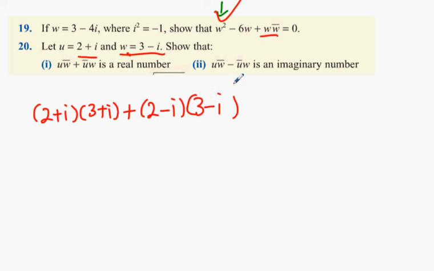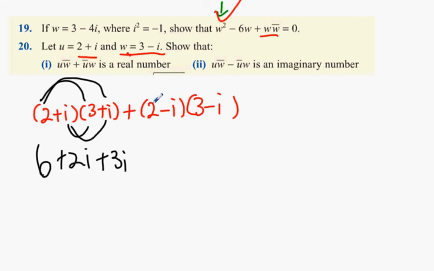Now all you have to do is multiply it out. 6, 2i, 3i, i squared, which is, anybody? Minus 1. Plus 6 minus 2i minus 3i.